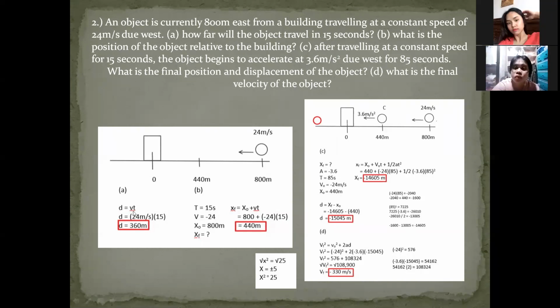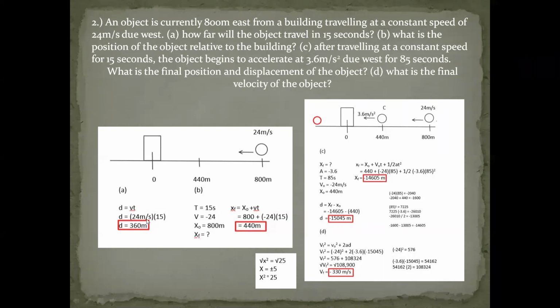D is equal to Vt, and the value of our speed is 24 meters per second, and our time is 15 seconds. So you're just gonna multiply that, and you're gonna get 360 meters. So that's how far the object will travel in 15 seconds.